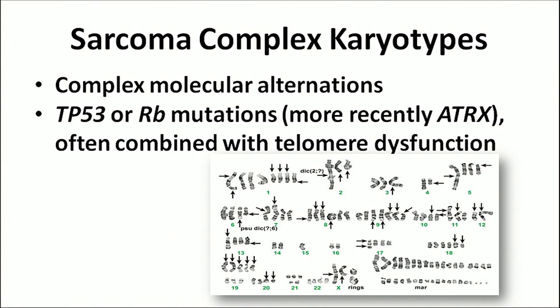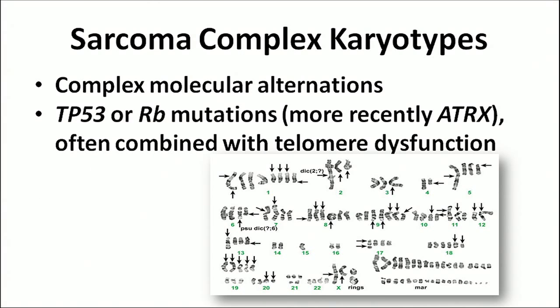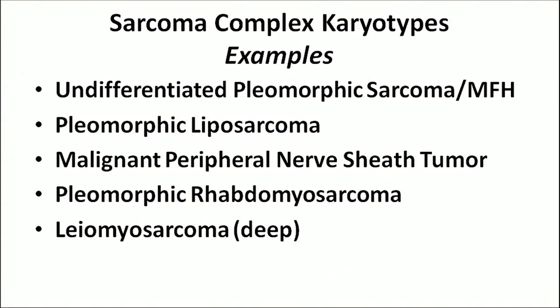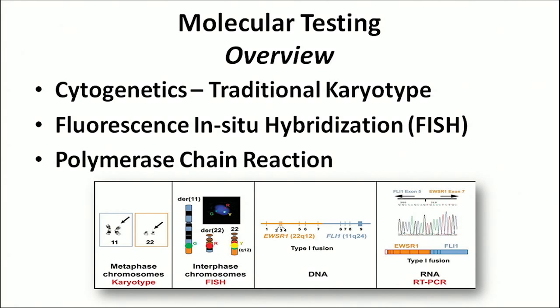These are usually associated with P53 or RB mutations, or more recently, a number of groups have been starting to demonstrate ATRX mutations, which result in telomere dysfunction. And so these are just some examples of complex karyotype sarcomas. These are the ones that are not associated, as far as we know, with translocations.